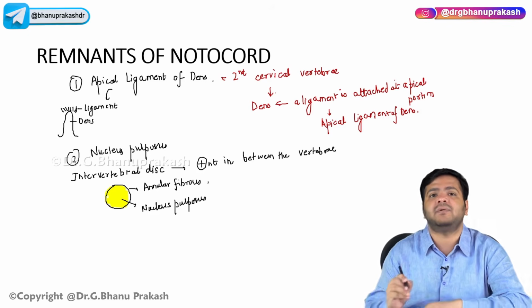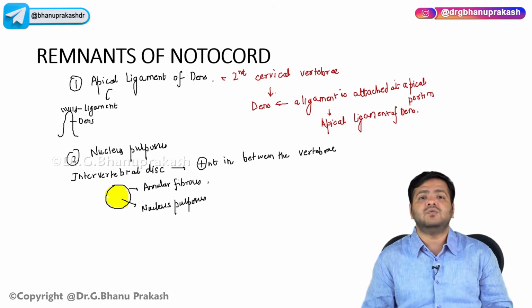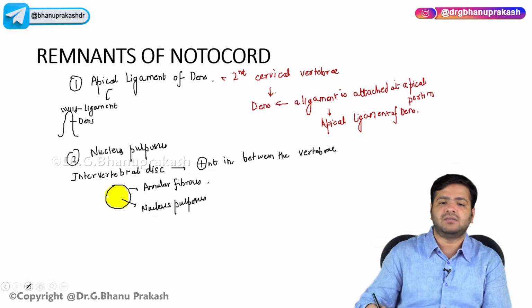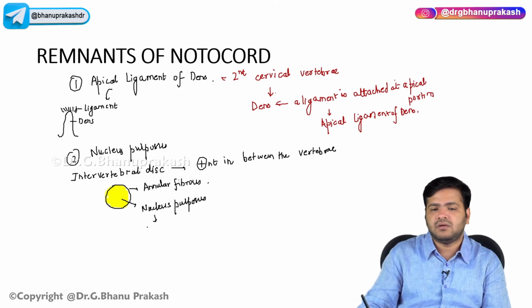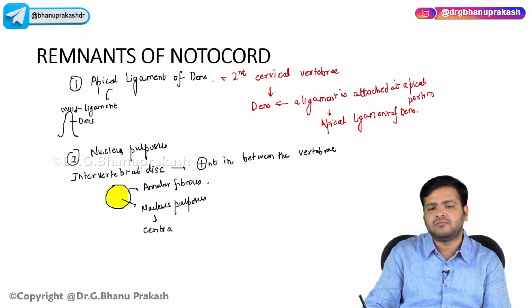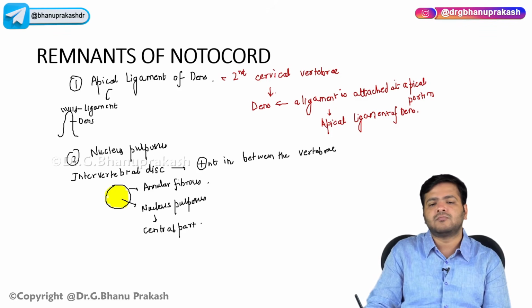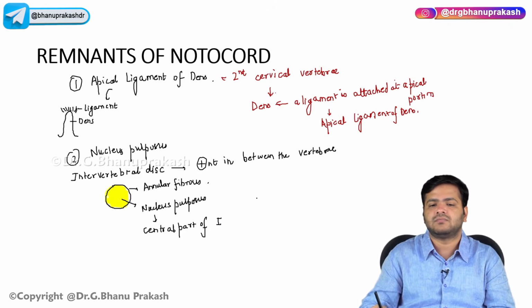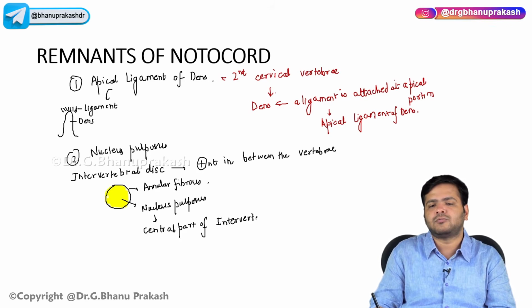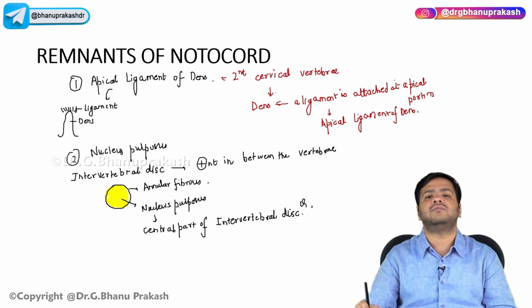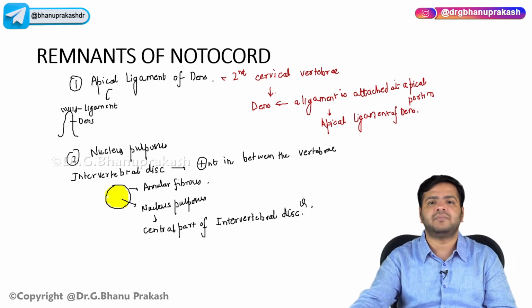So nucleus pulposus is the central part of the intervertebral disc. You have to remember that.